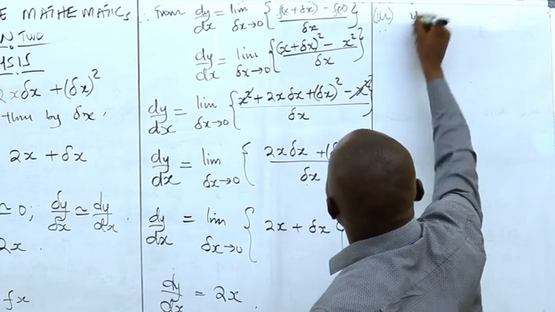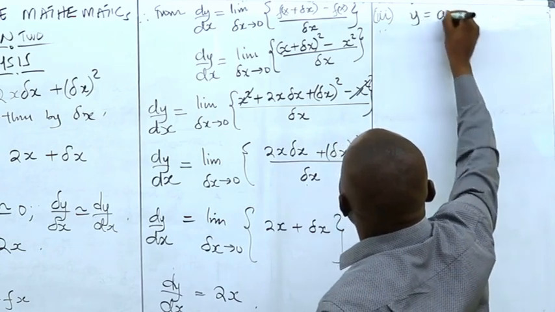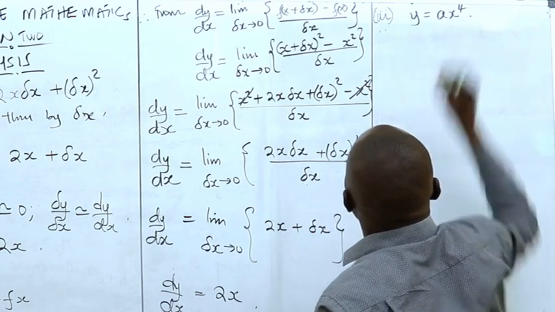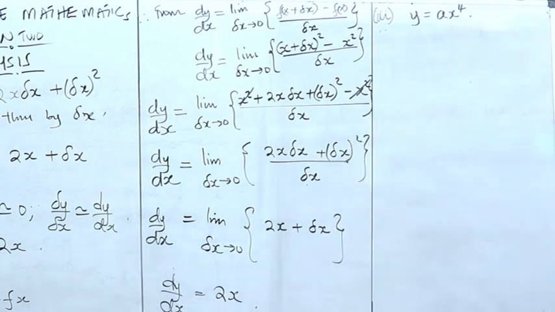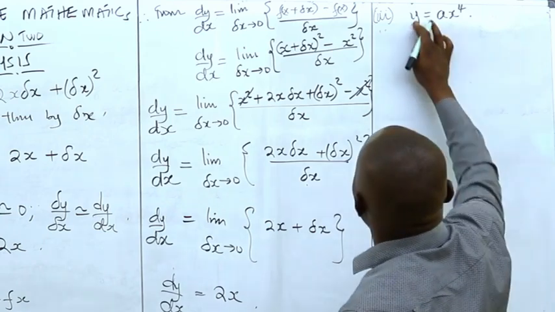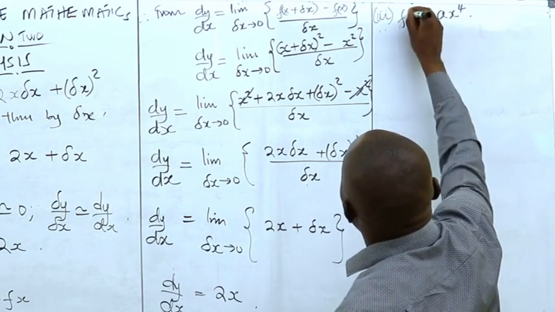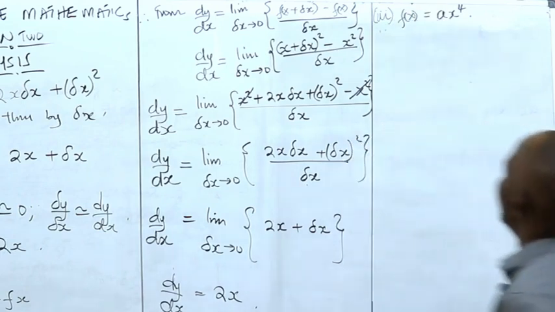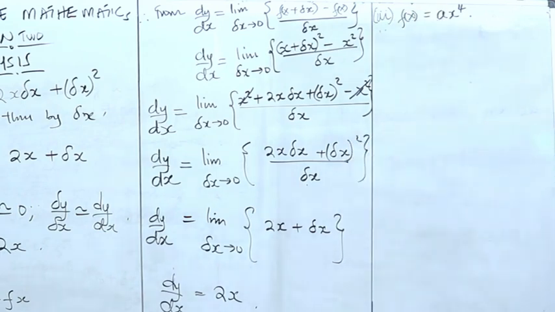Example number 3 is f of x is equal to ax to the power 4.